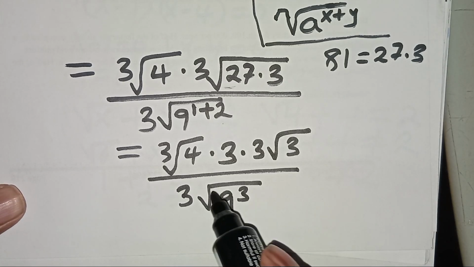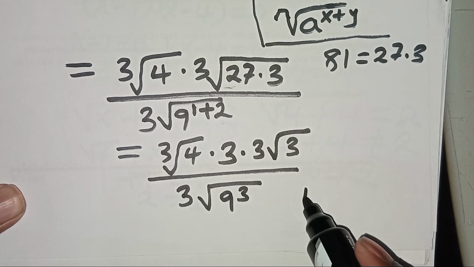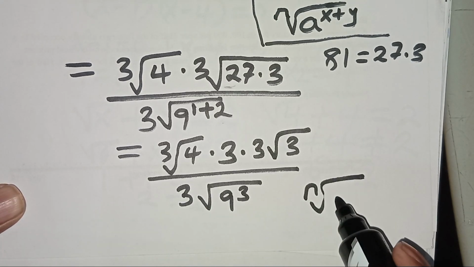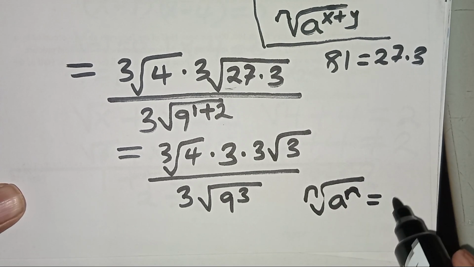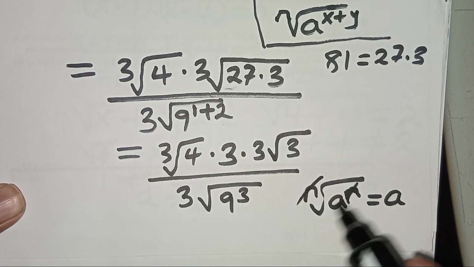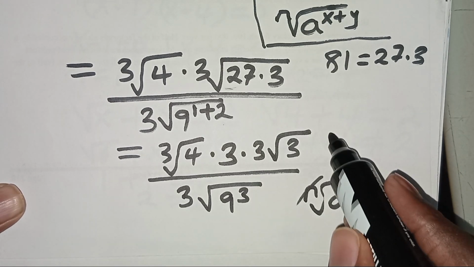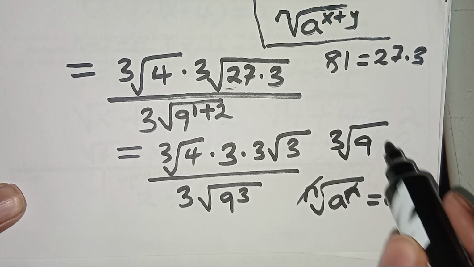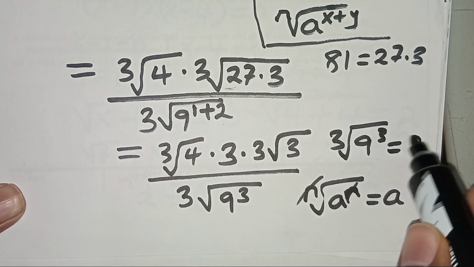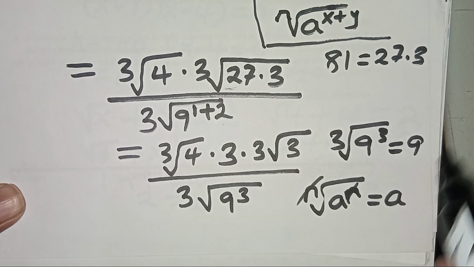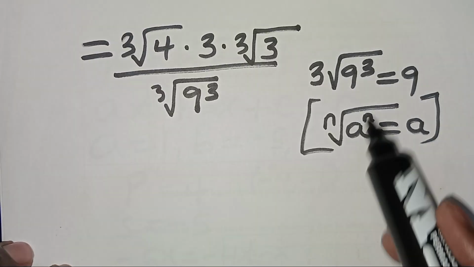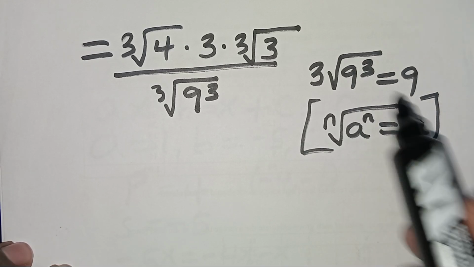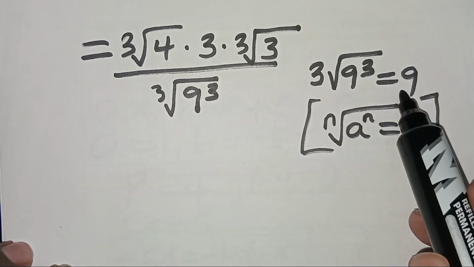As you can check, the denominator here is in the form of the nth root of a to power n, which is basically equal to a. So the cube root of 9 to power 3 is the same thing as 9.